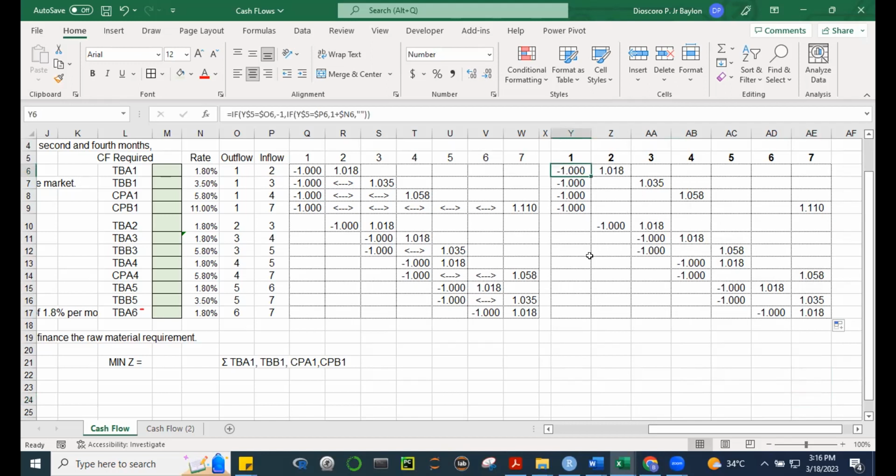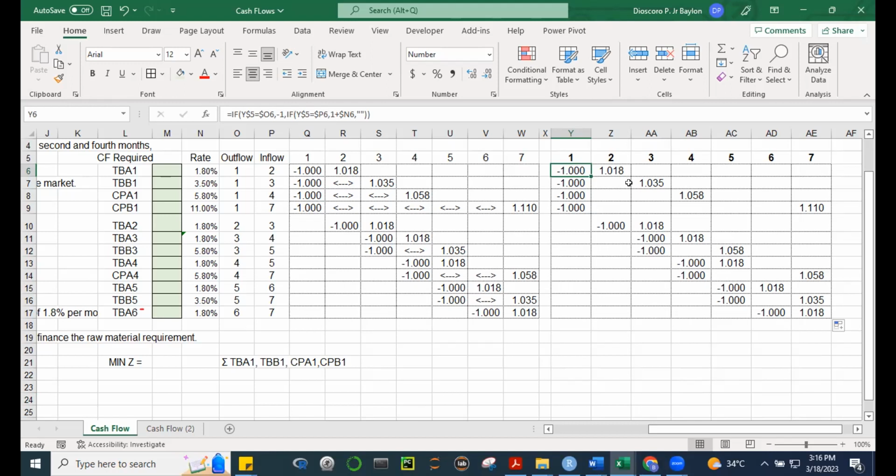The open. When will it be open? When will an investment be open? The gap between inflow and outflow. Okay, if it's between inflow and outflow. Okay, so how should we write that?